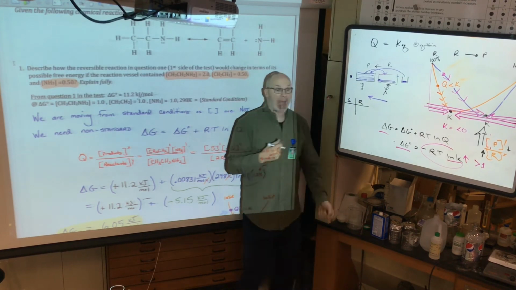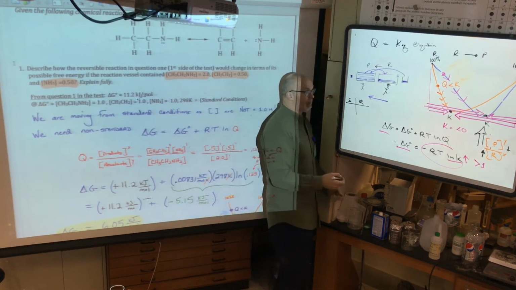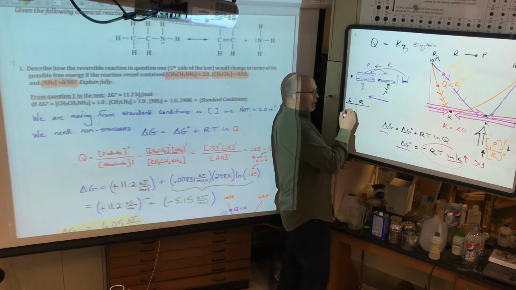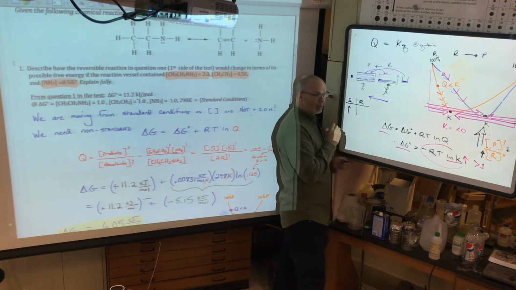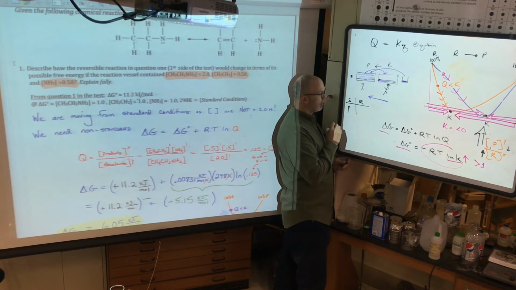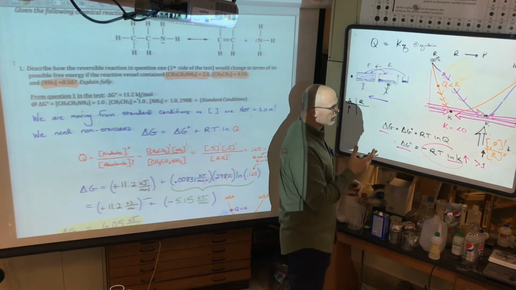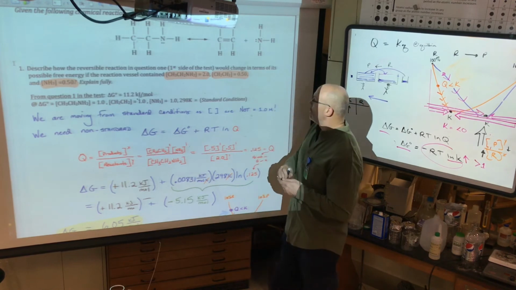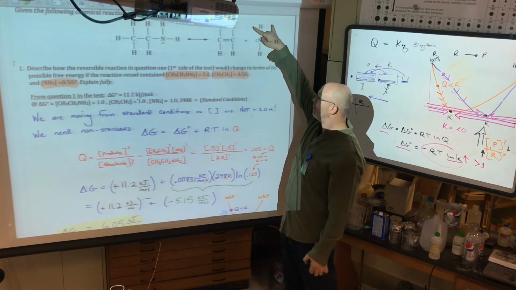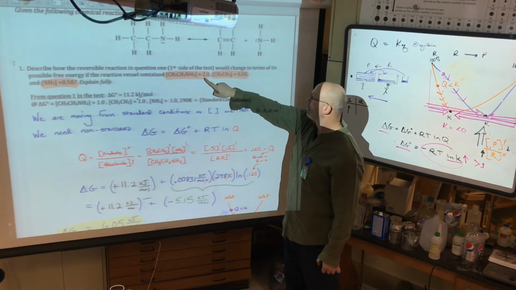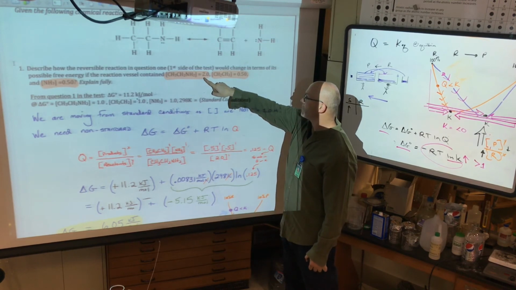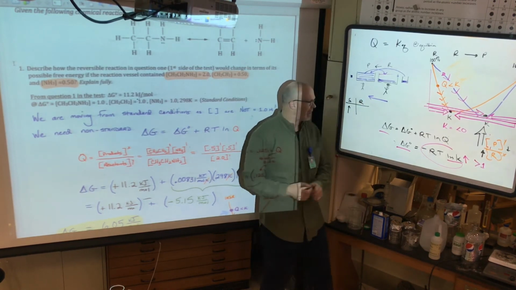What did I do? I made those concentrations so that there's what? Okay, if there's more products, what's going to happen? In this case, we had more reactants.